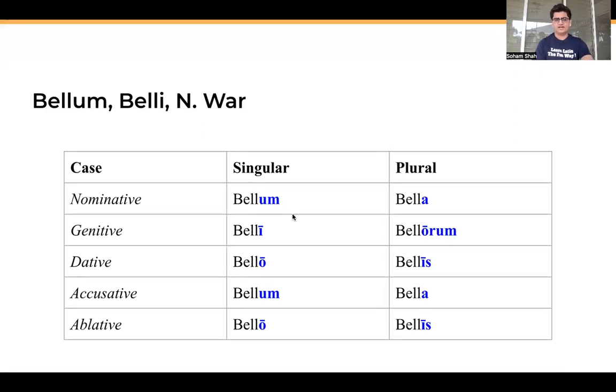So let's identify an important factor and an important pattern over here. The nominative and accusative in neuter, this transcends across all declensions, will always be the same. Accusative singular and nominative singular will be the same form. That's why it's important to know your context when you are translating, so you can know if bella is in the nominative plural or in the accusative plural.